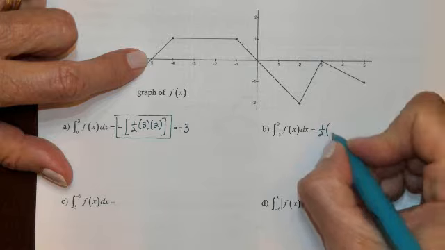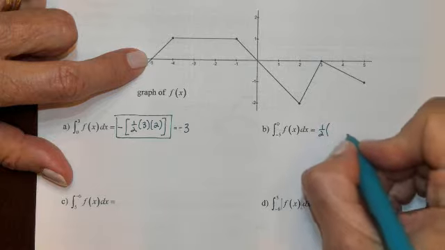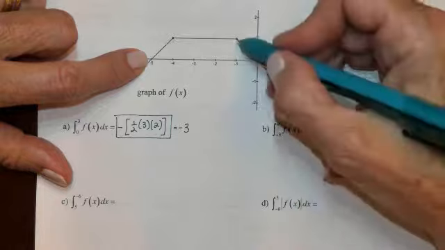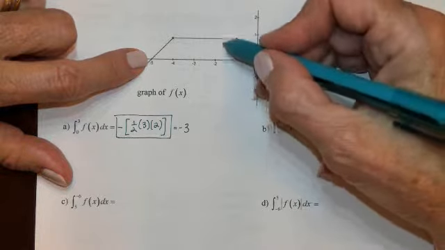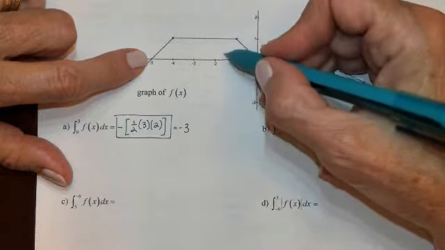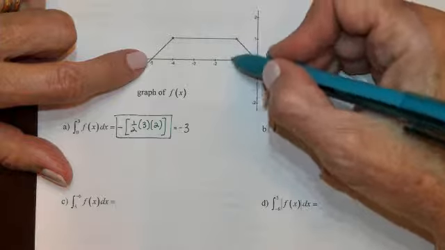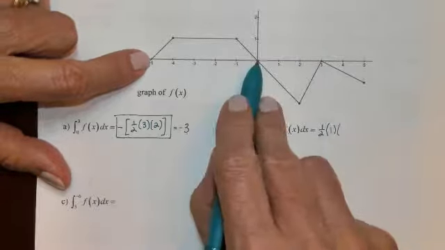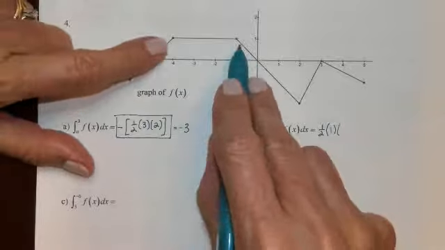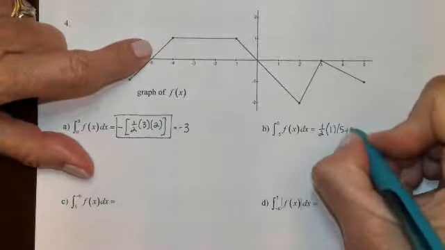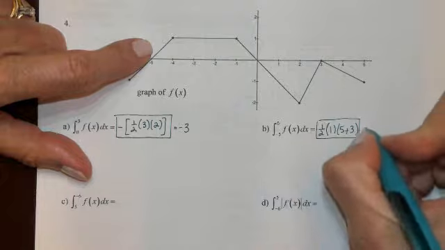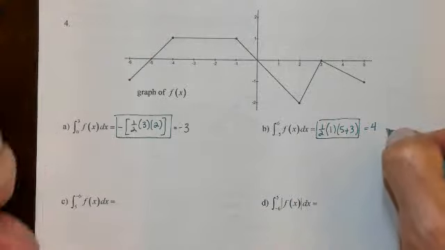It's the height times the sum of the bases. And remember, the bases are the parallel sides. The height is perpendicular to both bases. So the height here is 1, and the bases are 5 and 3. So that turned out to be 4.